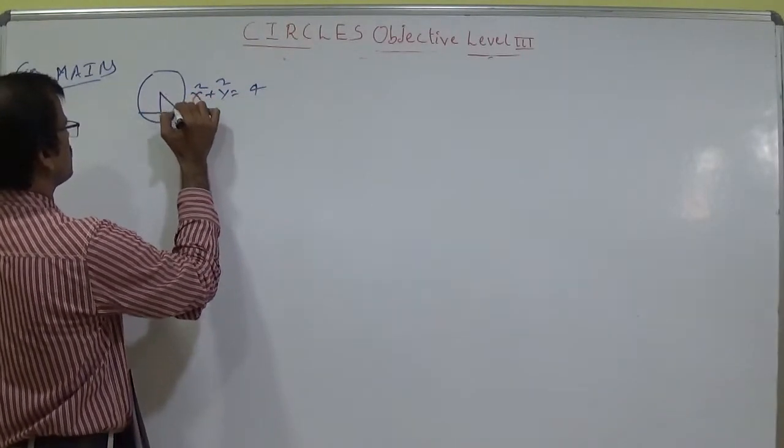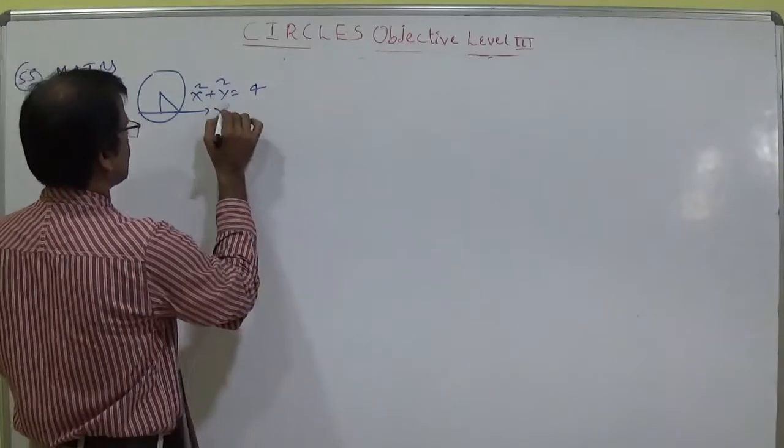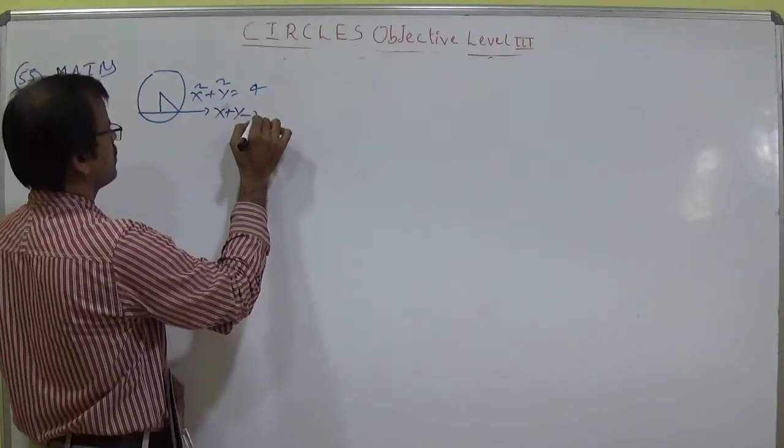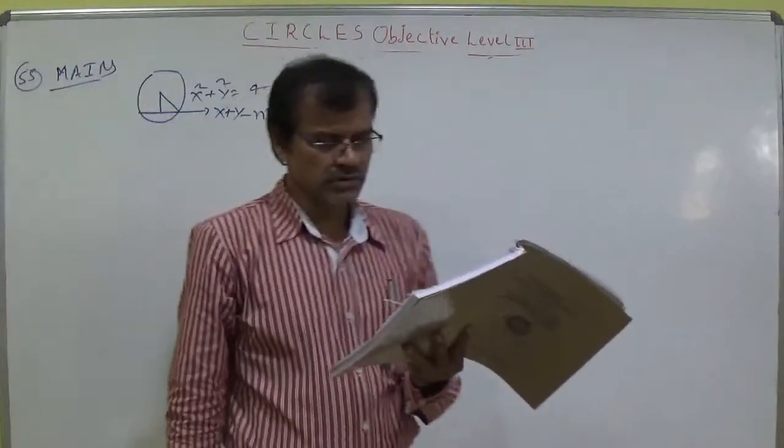We know that the length of chord formula is 2 root r square minus d square. Now you write here x plus y minus n equal to 0.